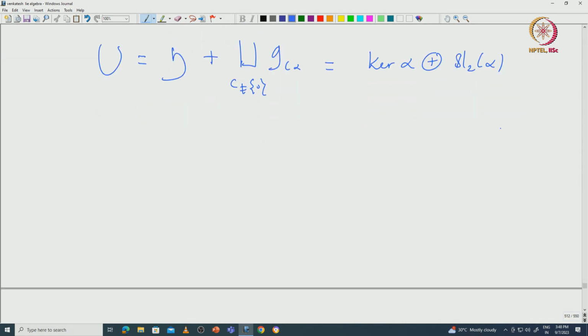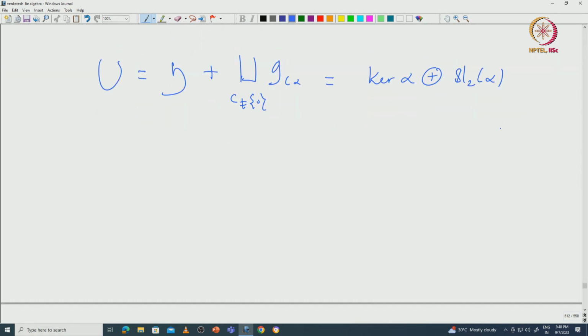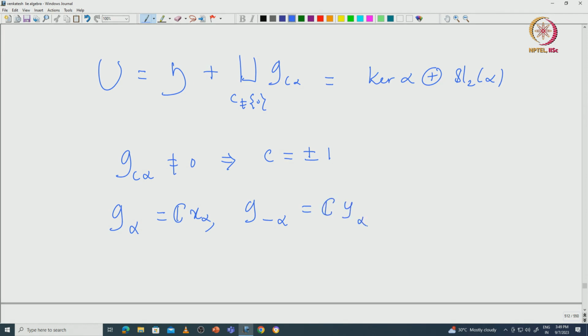So, this indeed gives lots of striking facts. You can see that if G C alpha is non-zero, then that would imply immediately that C is either plus or minus 1, and then G alpha is spanned by C x alpha, and G minus alpha is spanned by C y alpha.